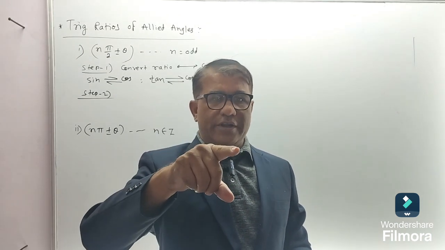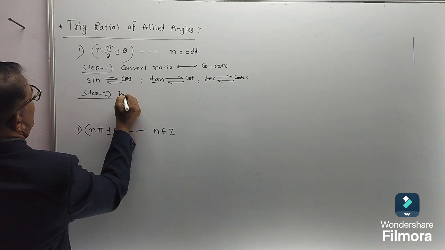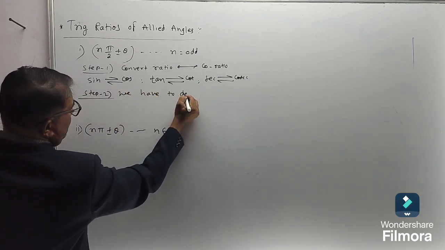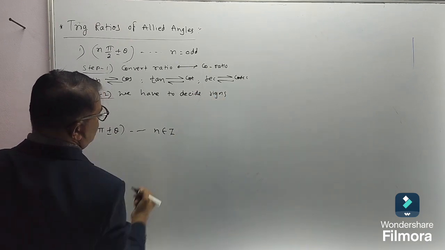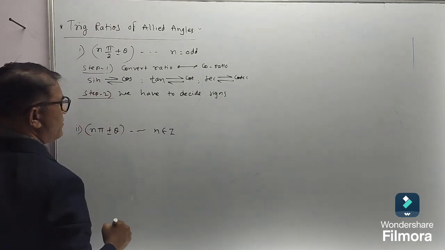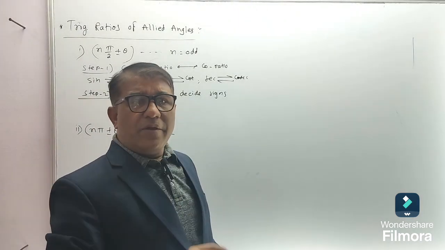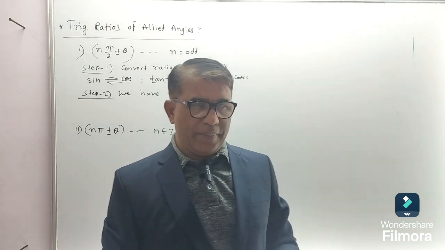In the second step, we have to decide the sign, and it will be decided by the quadrant in which the angle lies.